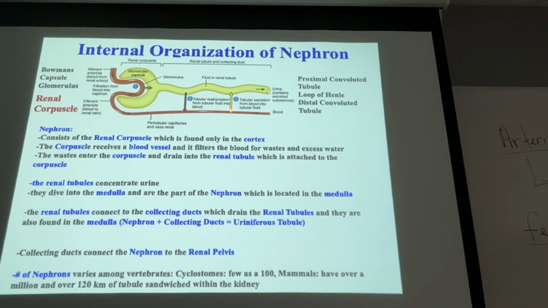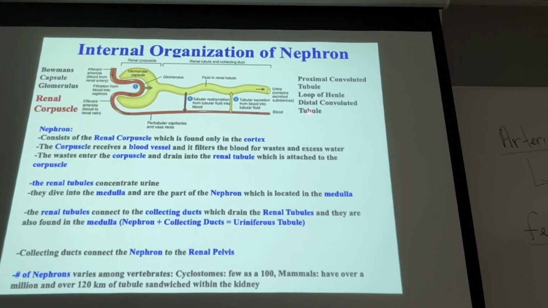Or I could secrete things. If not enough of it enters through filtration, and I still have some in the peritubular capillaries, I'll just move it from the blood into the urine, and that's called secretion. So if I'm adding something to the filtrate through the blood, that's not part of the glomerulus, then I'm doing secretion.